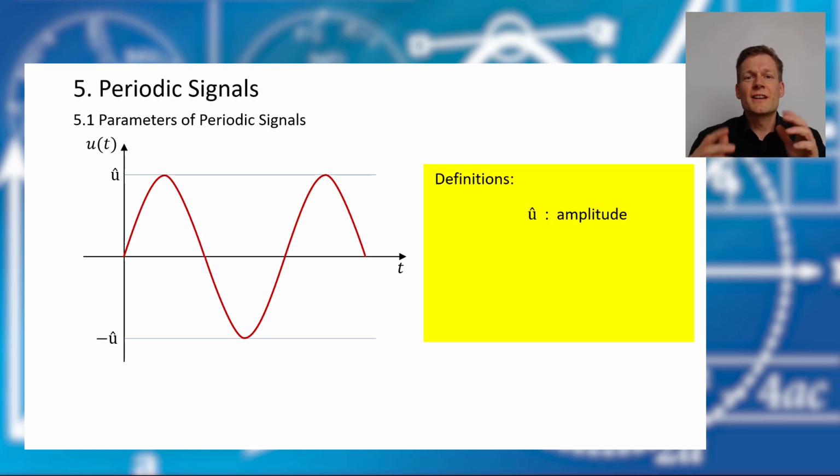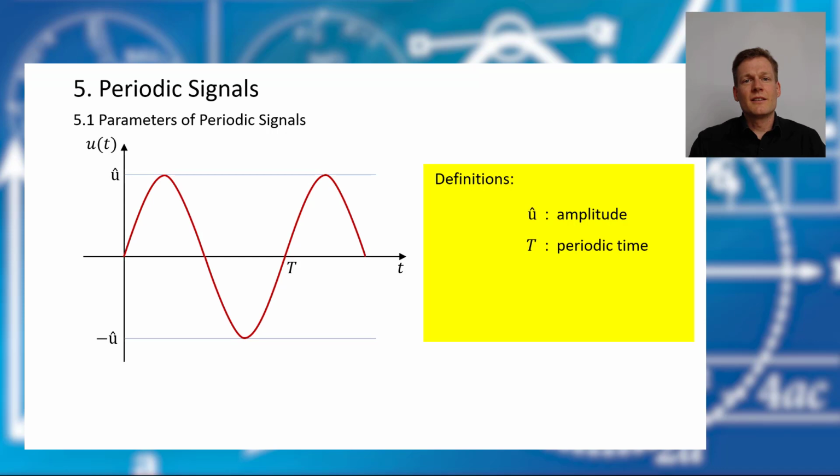And a periodic signal means that we have a period of time, and after that period the same signal restarts again. And here, if you have a look, we have our periodic time, and that means after the time called capital T as a variable, the function starts again.